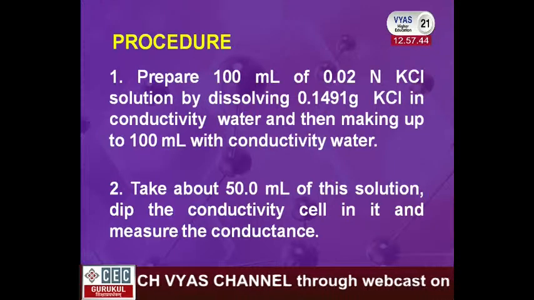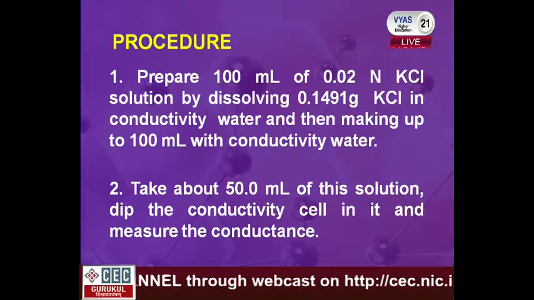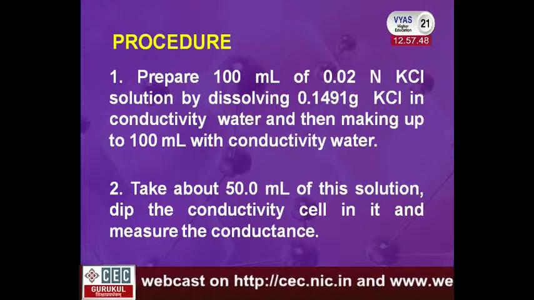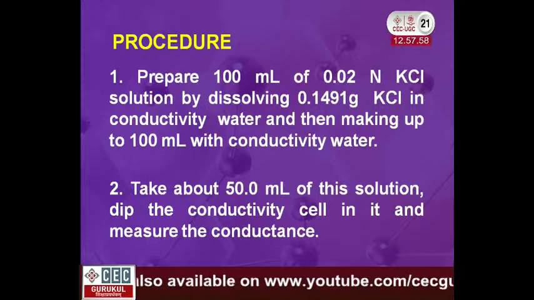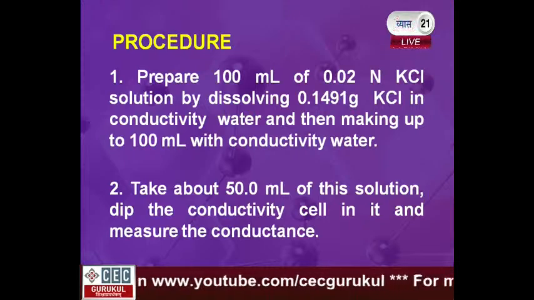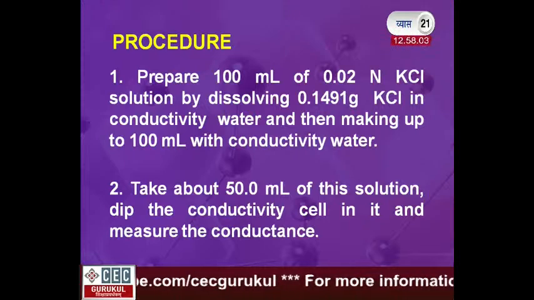Procedure: first, prepare 100 ml of 0.02 normal KCl solution by dissolving 0.1491 grams of KCl in conductivity water and then making up to 100 ml with conductivity water.